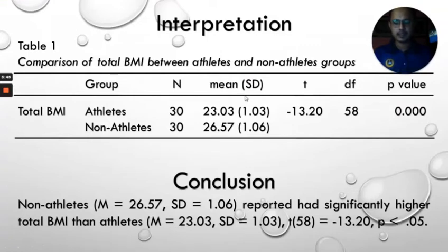Then this is the interpretation and report of the result in APA 7 style, and the conclusion. Non-athletes mean equal to 26.57 and standard deviation equal to 1.06, reported significantly higher BMI than athletes, mean equal to 23.03 and standard deviation equal to 1.03.